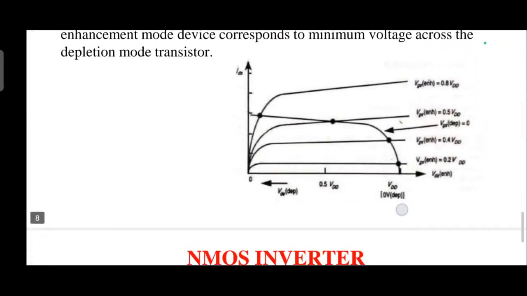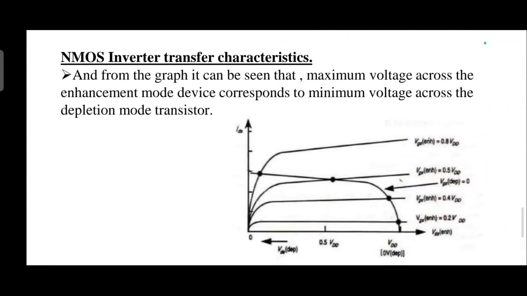If you look at the graph, whenever the maximum voltage appears across the enhancement mode device, it will be the minimum voltage across the depletion mode transistor. That means they act in opposite manner.